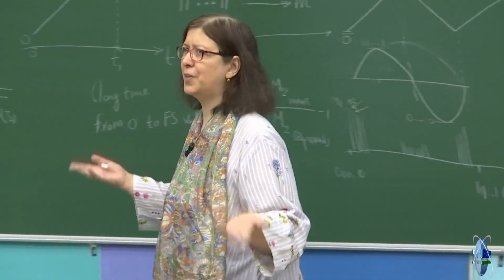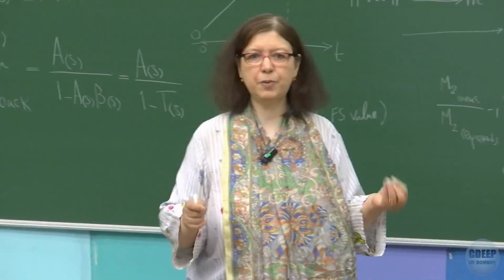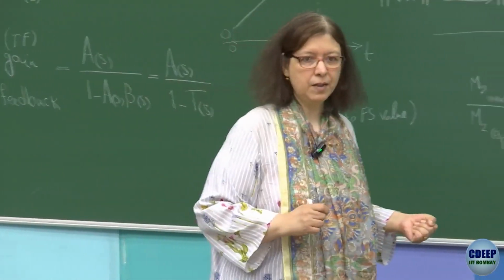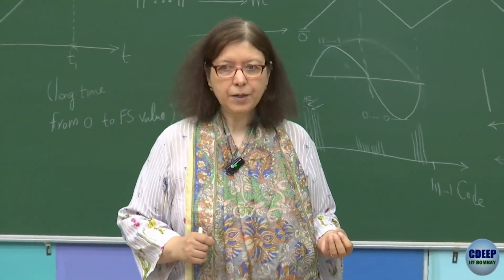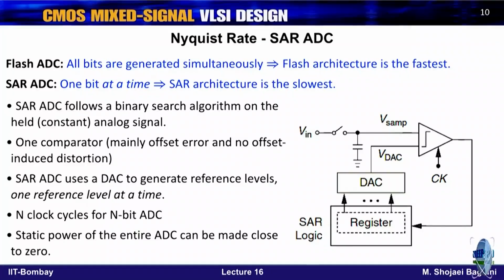Therefore, it need not be static. Therefore, it is possible to even remove the static power dissipation completely from the reference generator. And because comparator also can be a clocked comparator the way you see in the picture, you can have a static power consumption close to 0.